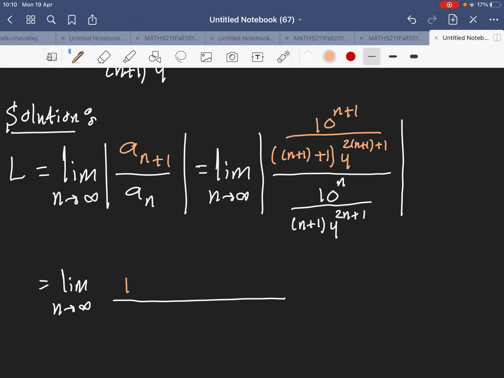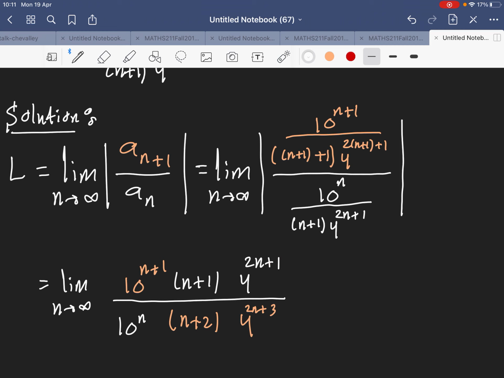I have 10, n plus 1. I have n plus 2. I have 4. If I distribute the 2, it will be 2n plus 3. And then the one in the white will be 10n, n plus 1, for 2n plus 1.